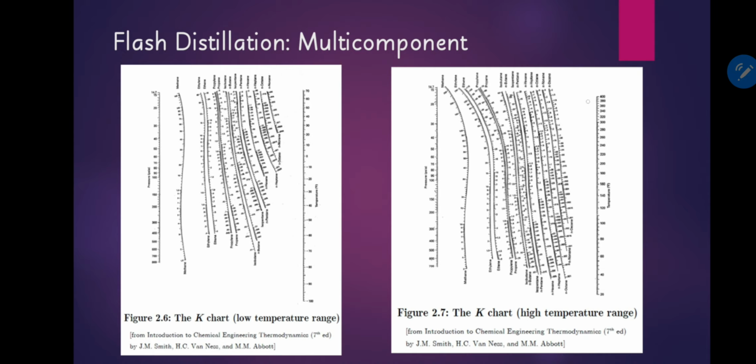On the right side you have the temperature in degrees Fahrenheit, on the left side the pressure, and in between is the species and the numerical value that gives you K. Again, to know K, you need to know temperature and pressure.